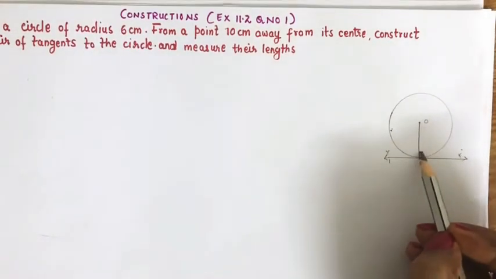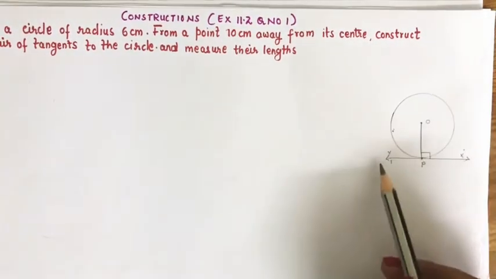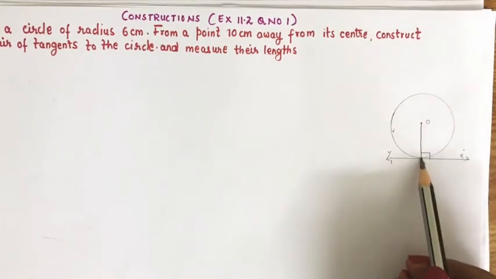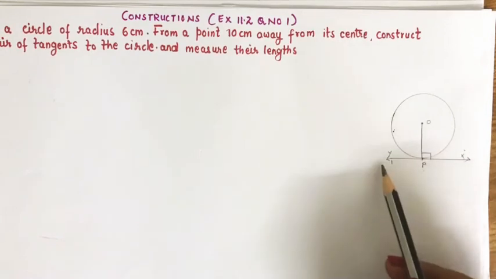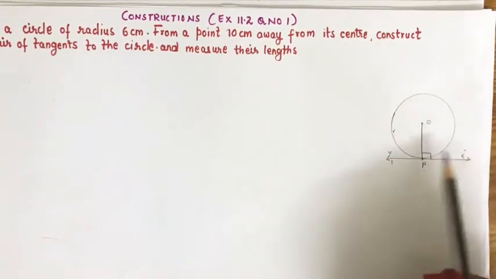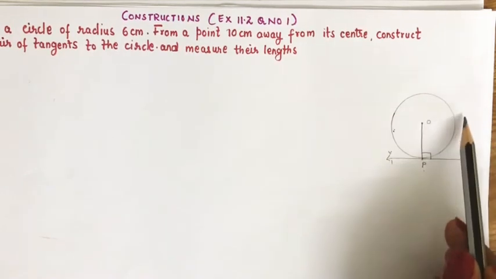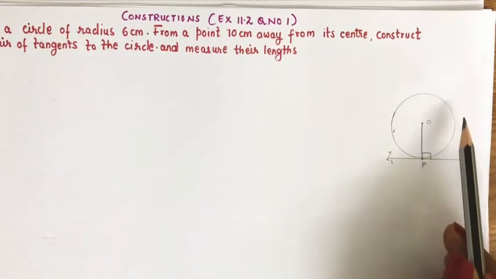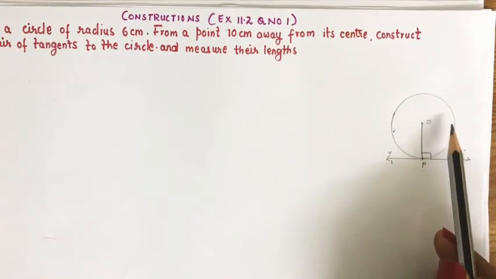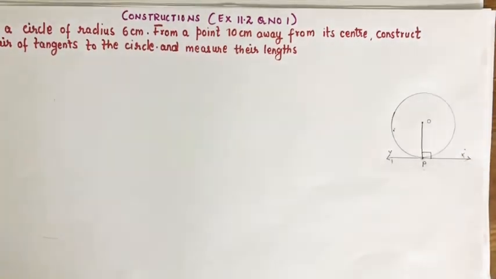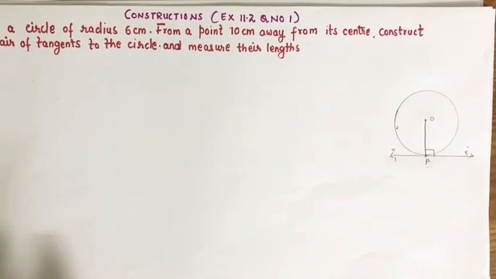Whenever you draw a radius and a tangent, at the point of contact they make 90 degrees, right? So the radius is perpendicular to this line. It is not at this point only; anywhere you draw a tangent, the radius of that circle will be perpendicular to it. Remember this information, and then we are going to do the construction.